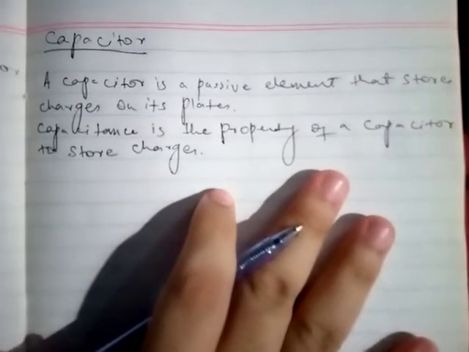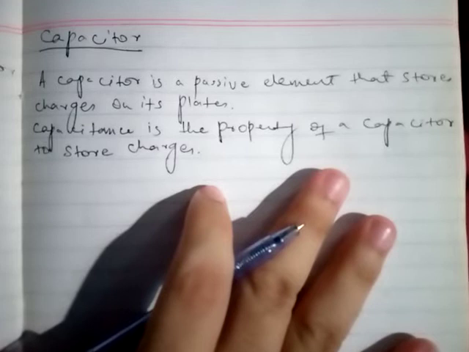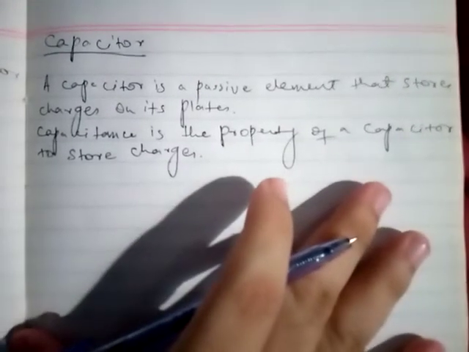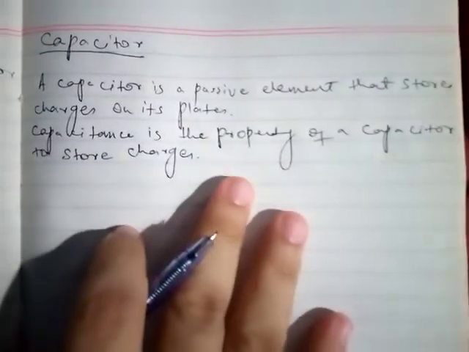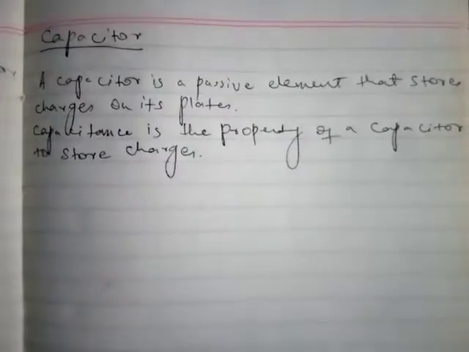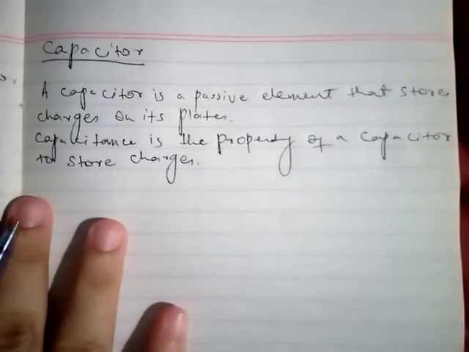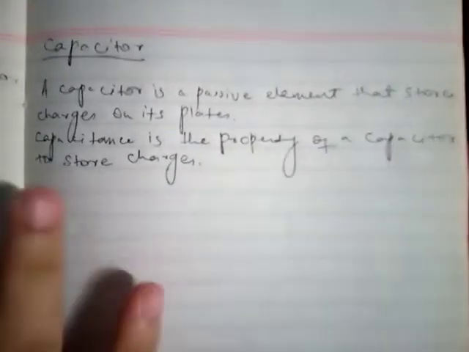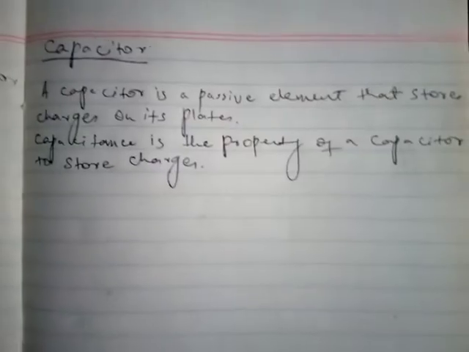It means if a capacitor is capable of storing more charges, then obviously its capacitance is high. If the capacitance of a capacitor is low, it means it is capable of storing fewer charges. So this is the ability of a capacitor to store charges.